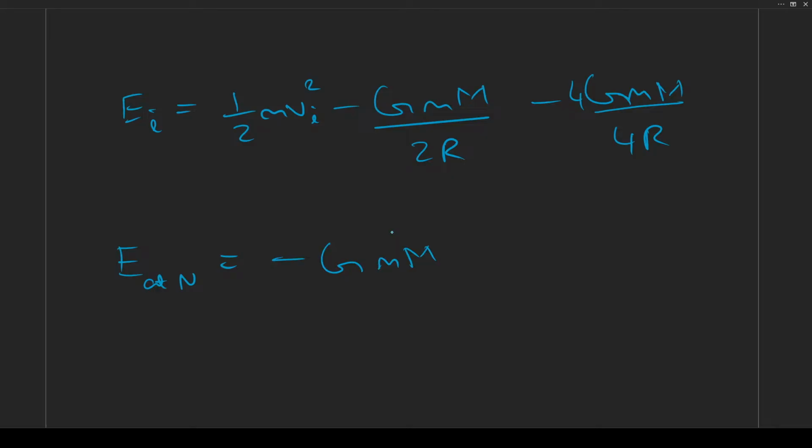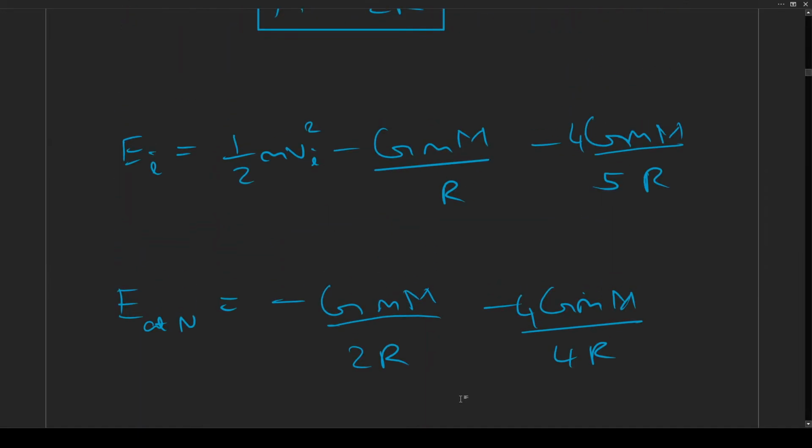Wait a second, this is simply r because it is at the surface, and this should be 5r initially. At the neutral point, we should take it as minus GMm by 2r minus 4GMm by 4r.